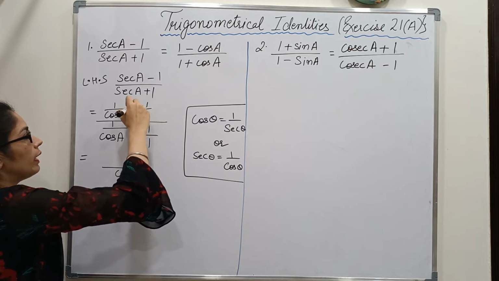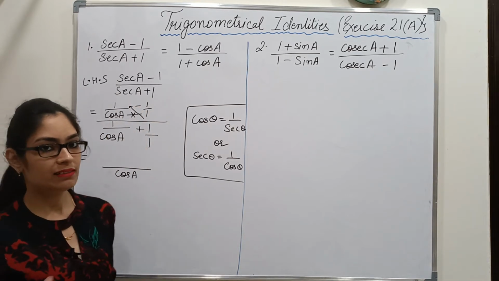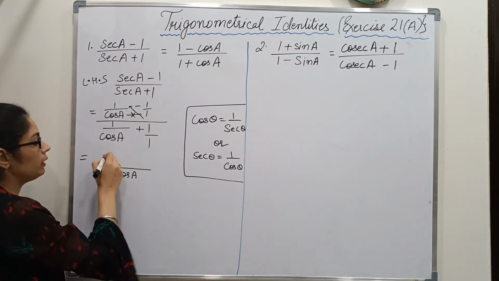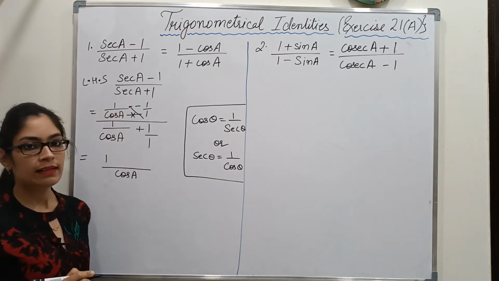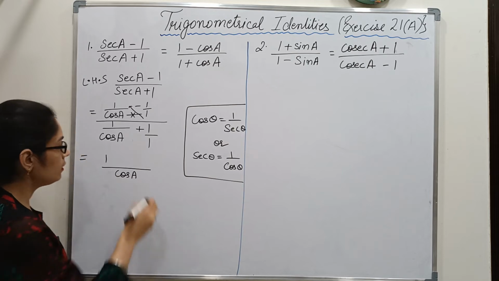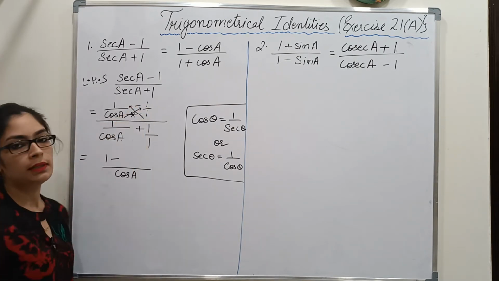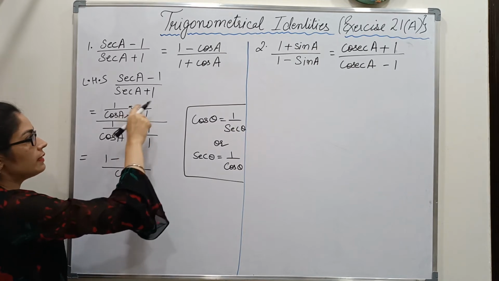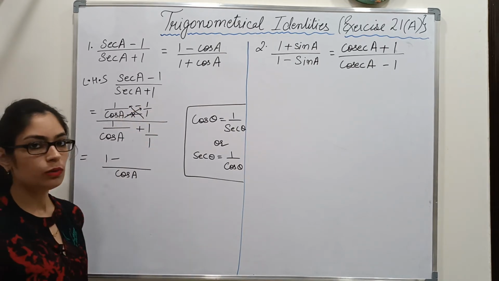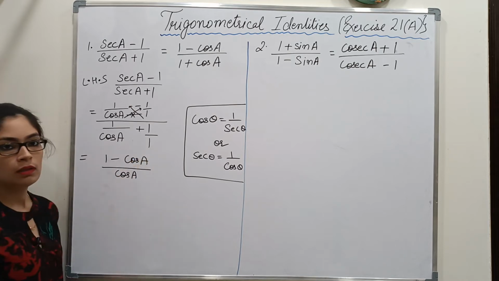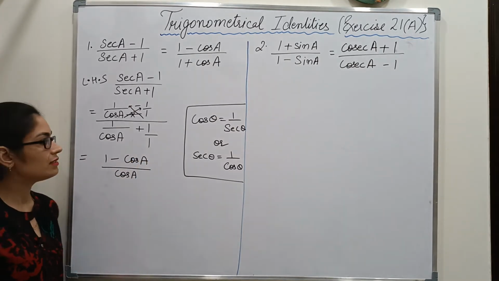And what to write on the numerators, that is their cross multiplication. So 1 into 1, 1, minus sign as it is. Here don't change any sign. And this side also cross multiplication. So cos A into 1, any number multiplied with 1 gives the same number or the same expression as the answer.